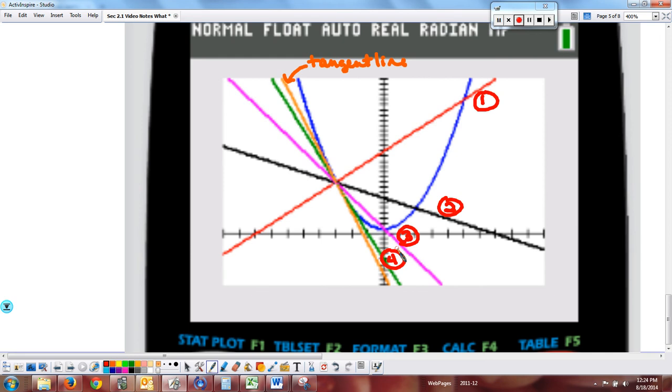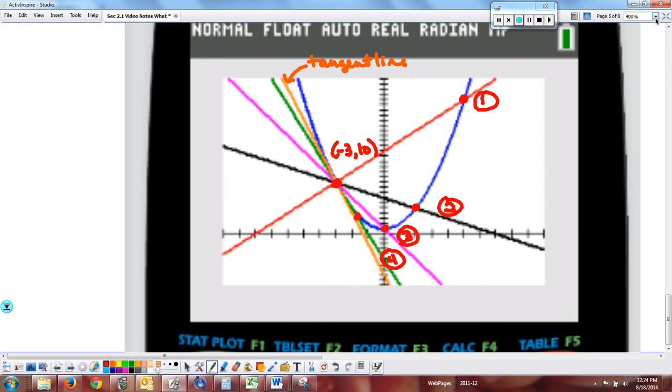Notice that my point each time is moving closer and closer on the curve to the point of interest, which of course is (-3, 10). As the points move closer and closer, the secant line is also getting closer and closer to the tangent line.